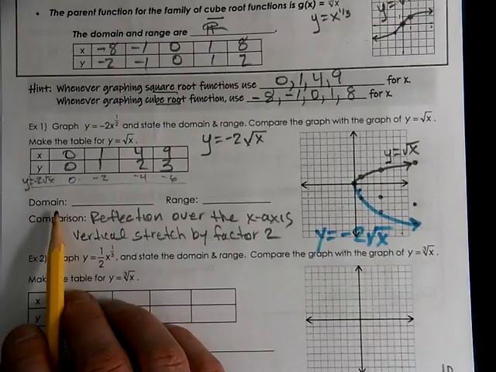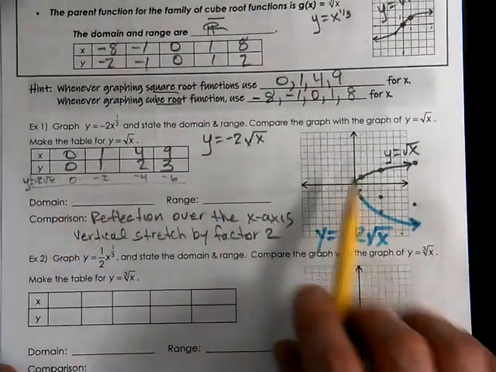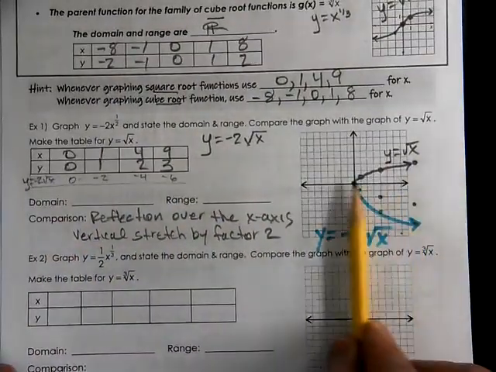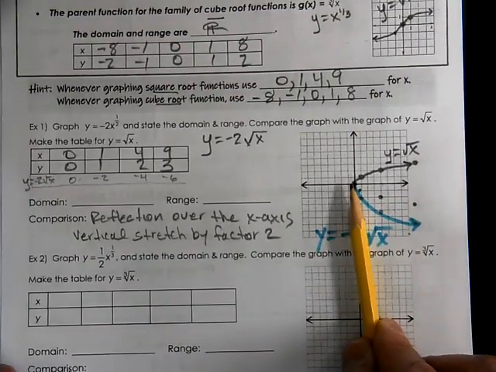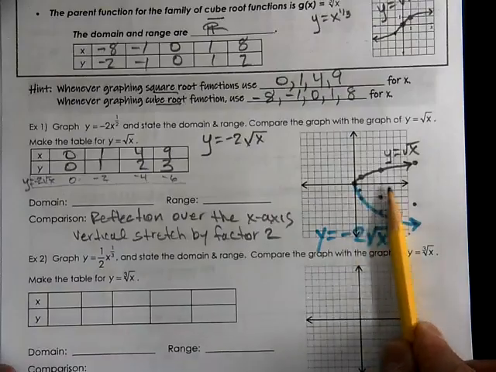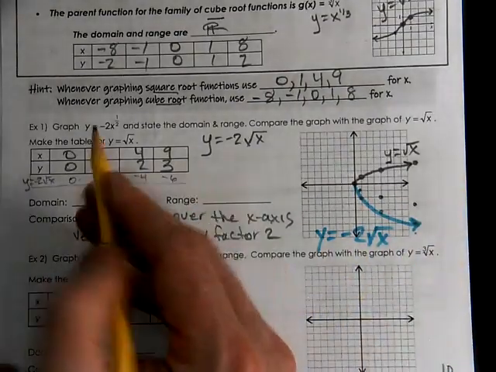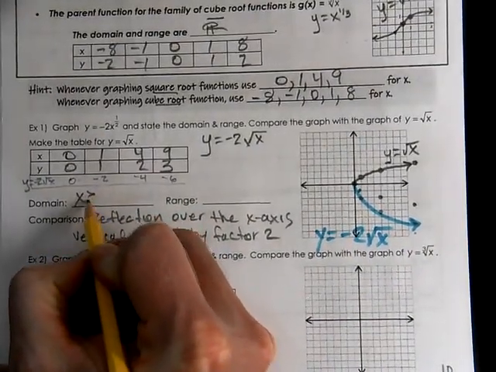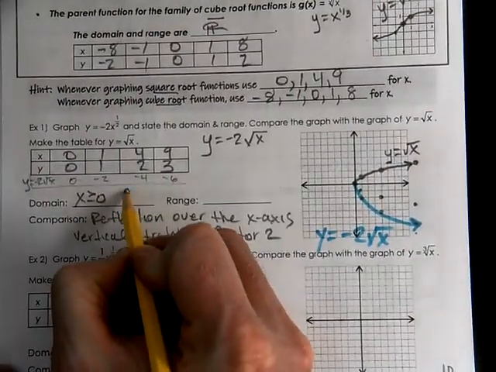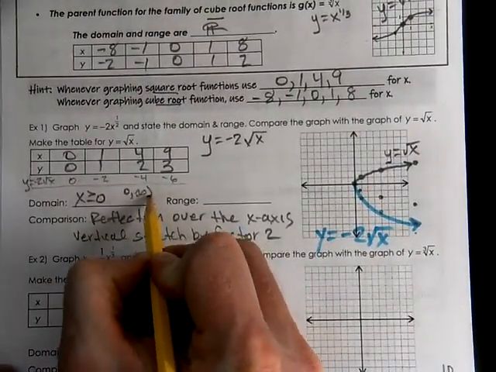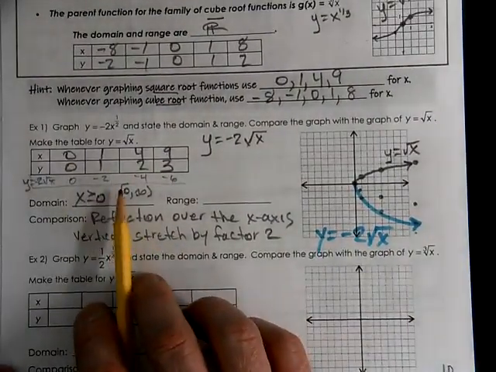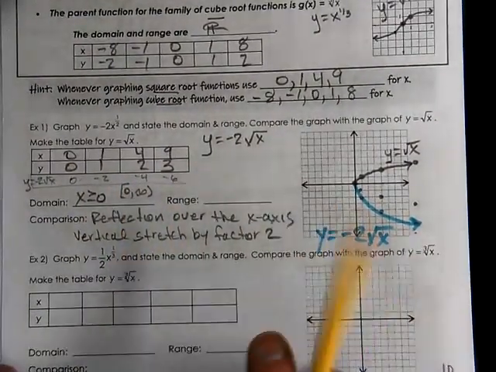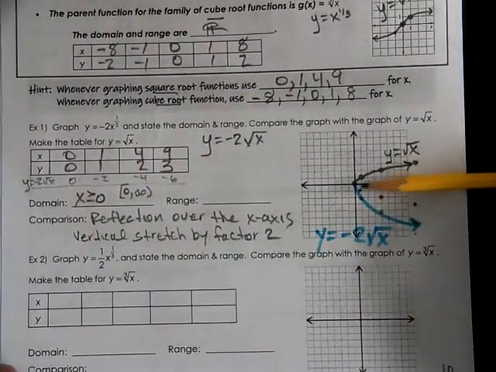The domain. What type of answers is the blue graph hitting? What x values is the blue graph hitting? Blue graph is hitting from 0 and everything to the right. So x is greater than or equal to 0. We can do it in interval notation. But now watch for the blue graph.